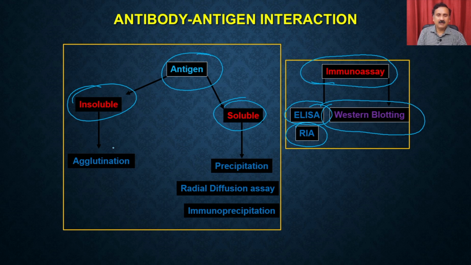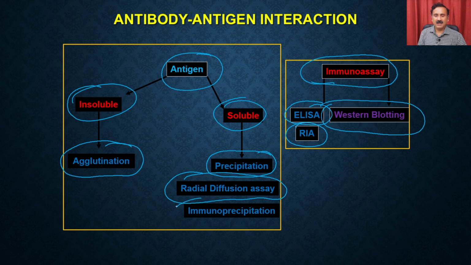If your antigen is insoluble, you can have agglutination reactions, which have very robust applications in detecting different types of pathogenic organisms, or they can have a role in other kinds of applications. Whereas if the antigen is soluble, it can be responsible for precipitation reactions, radial immunodiffusion, as well as immunoprecipitations.